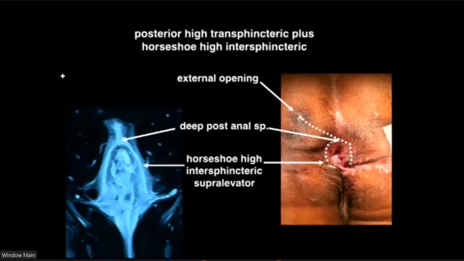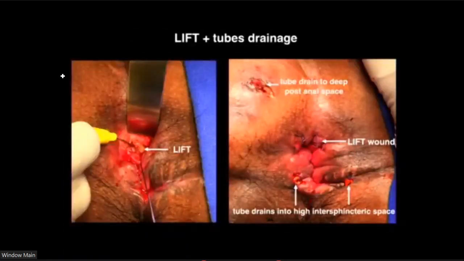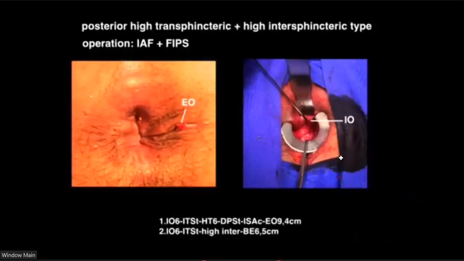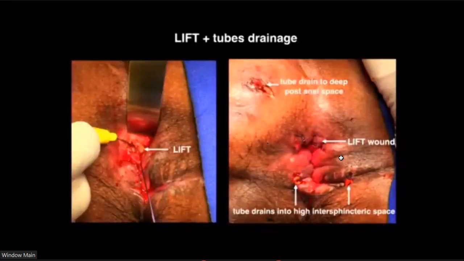In this case, I do the lift, like the tract to the internal sphincter here. And then I put a tube here, curette from here to the horseshoe intersphincteric, high. I curette here, curette from here, curette in every direction, and do the lift here. And in this case we are lucky. This case it healed with only one operation for many months without any problems.